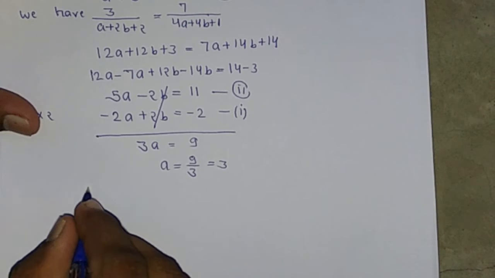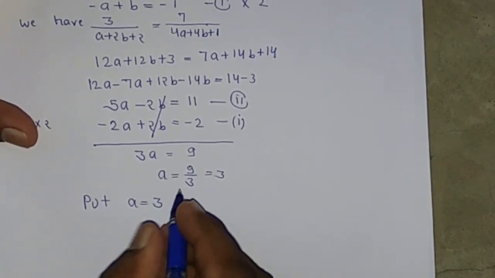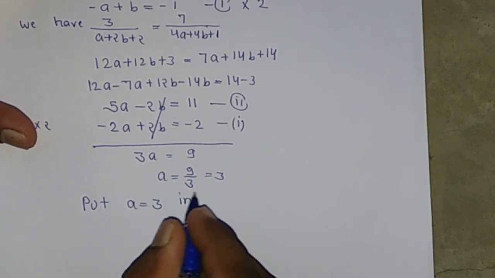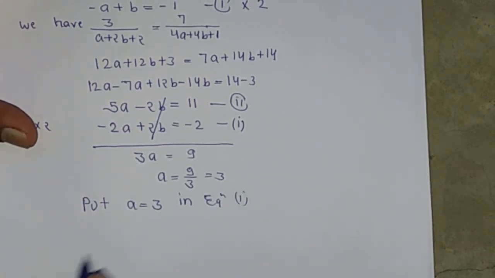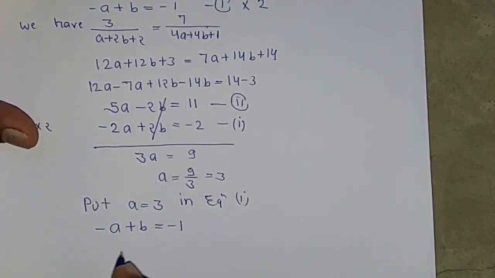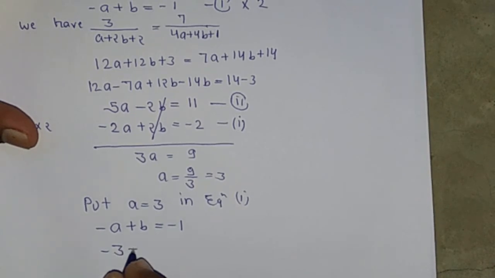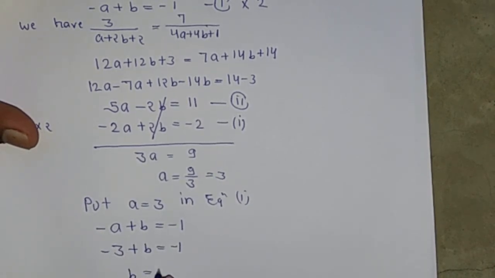Put a equal 3 in equation 1. Equation 1 is minus a plus b equal minus 1, a equal 3, minus 3 plus b equal minus 1, then b equal 3 minus 1 and the value of b is 2, and it is the answer.